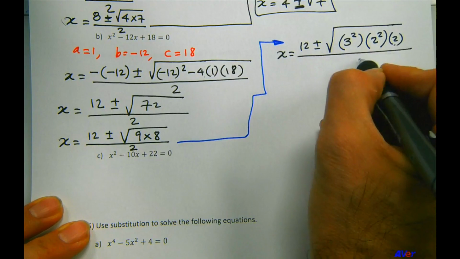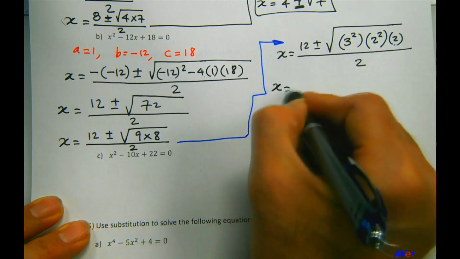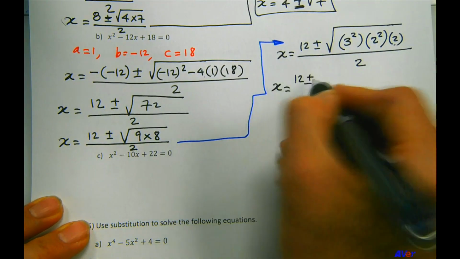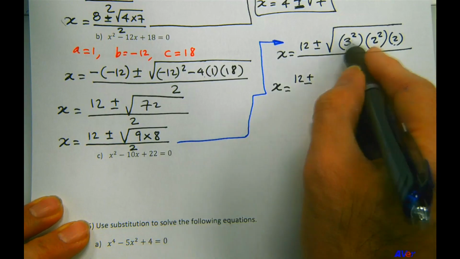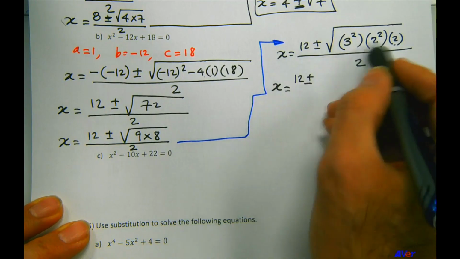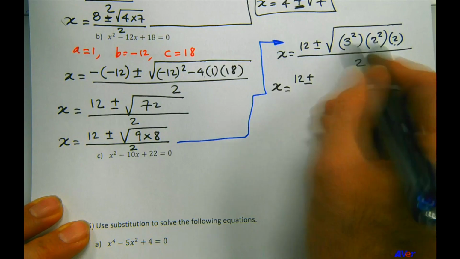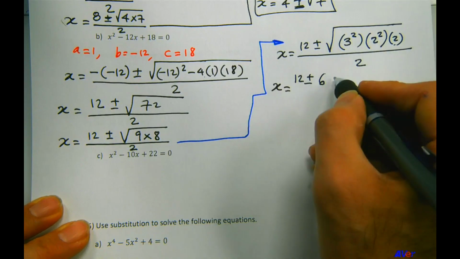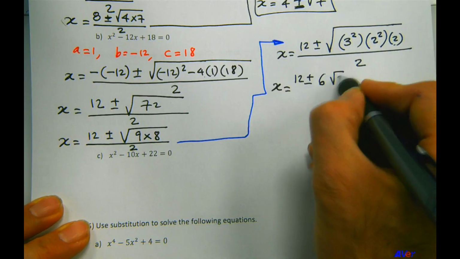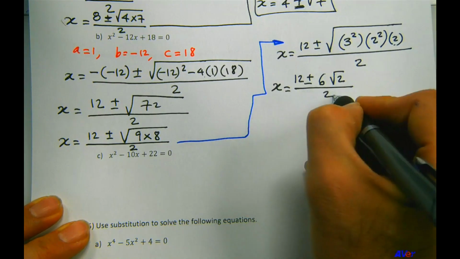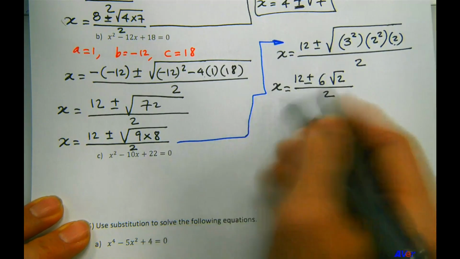This 3 can come out, and this 2 can come out. It becomes 2 times 3, 6, square root of 2 over 2. Right? So 6 can be factored out.